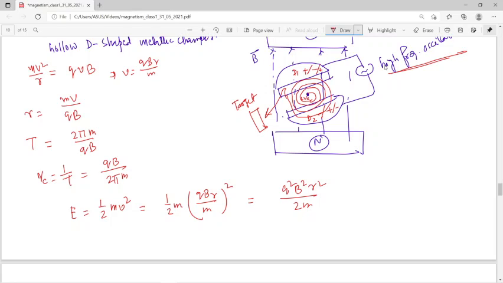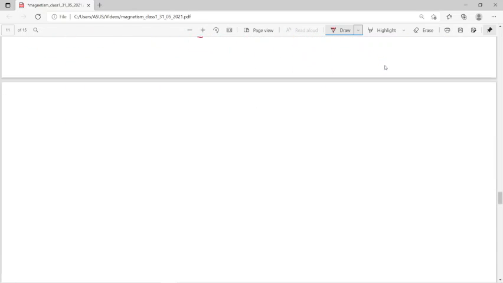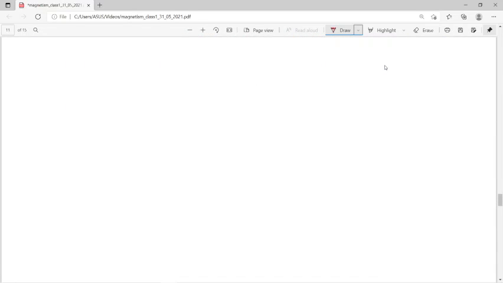So let's see what different problems may come from this particular chapter, moving charge and magnetism. In NEET 2019 a question came, and I think you can solve it.